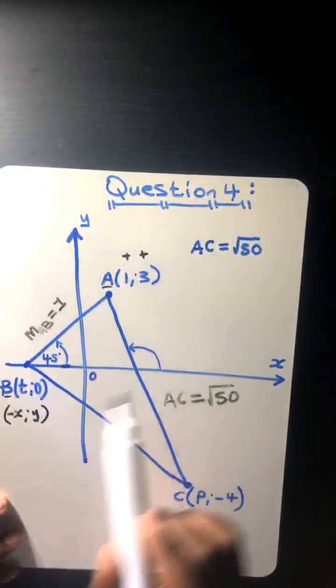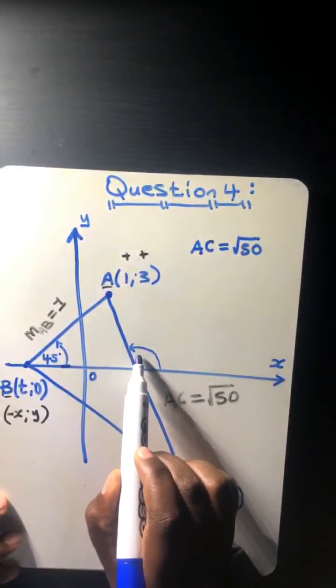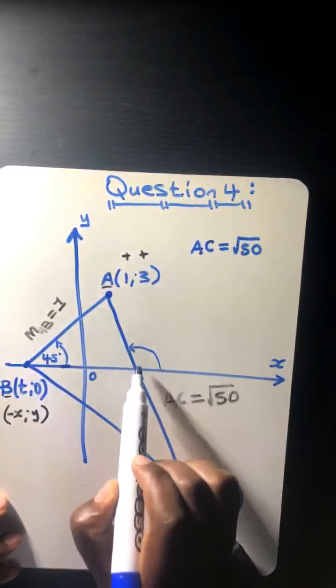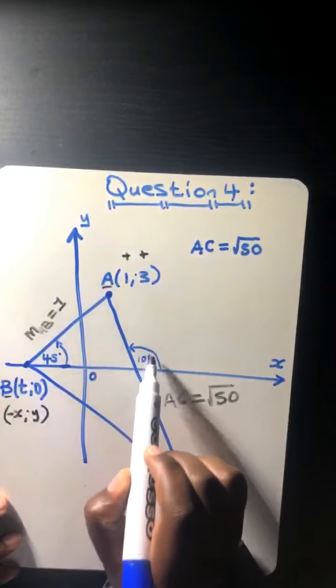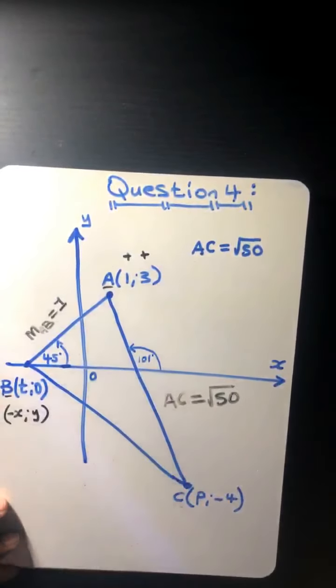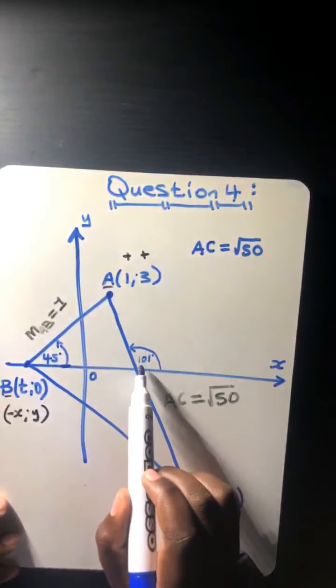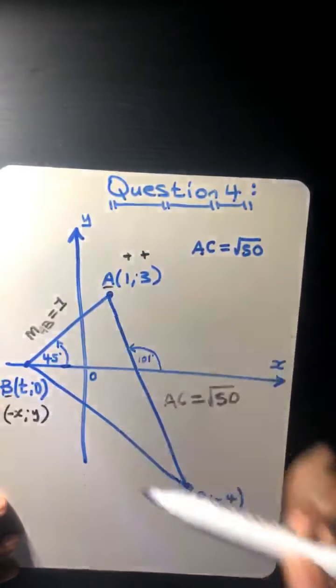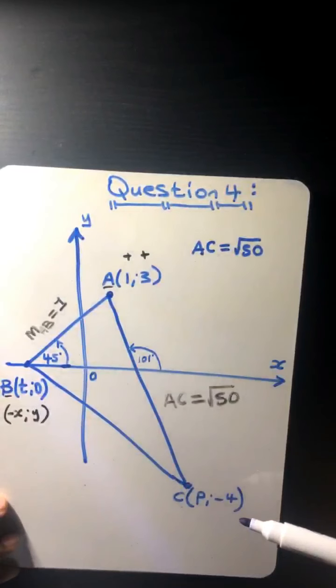Let's say this angle is 101 degrees. You can therefore use that angle to calculate the gradient of AB.